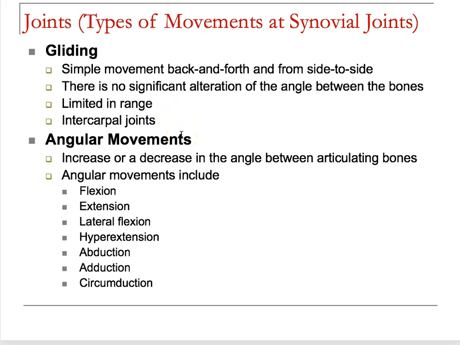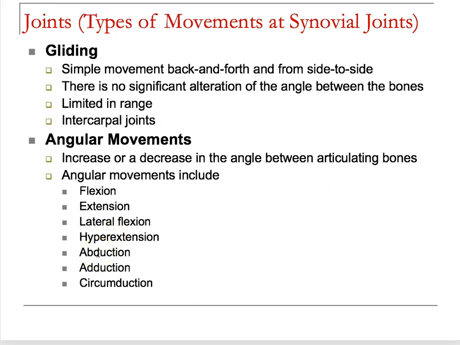Angular movements, this is when things get a little bit more intense, right? Where you increase or decrease the angle between two articulating bones. When you're flexing, think about every time this semester I've had you pull your hand towards your face to flex your biceps muscle. Angular movement. Extension, now you're going to move that hand away from your face. You're moving away from the body, we're moving it laterally, okay?